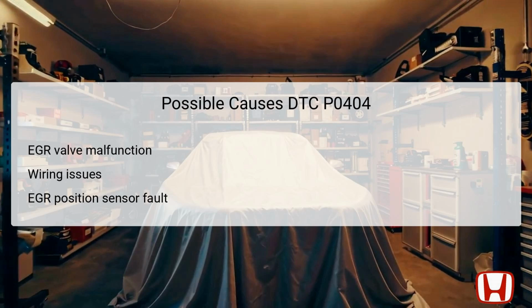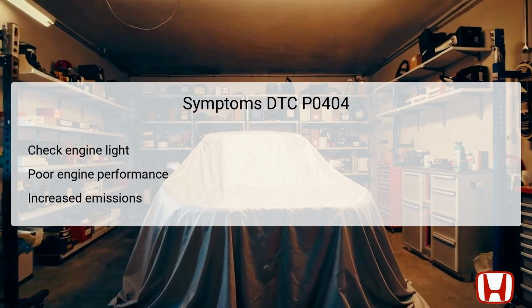Various symptoms may manifest when DTC P0404 is triggered. The most prominent is the illumination of the check engine light, CEL, which alerts the driver to an existing issue within the vehicle's emissions control system. Poor engine performance is another observable symptom.